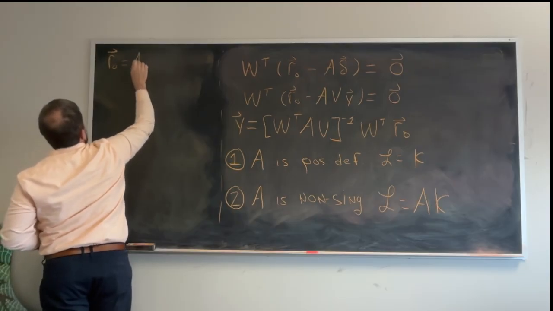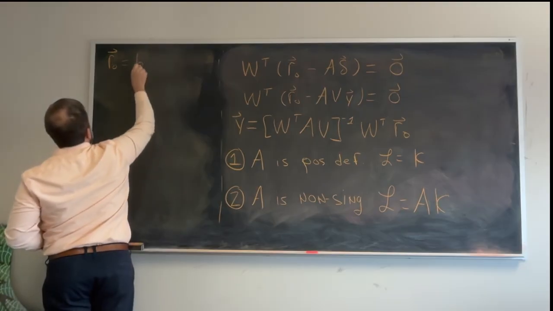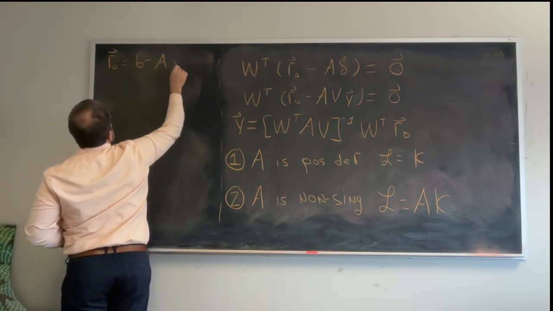R naught is equal to b minus A x naught.